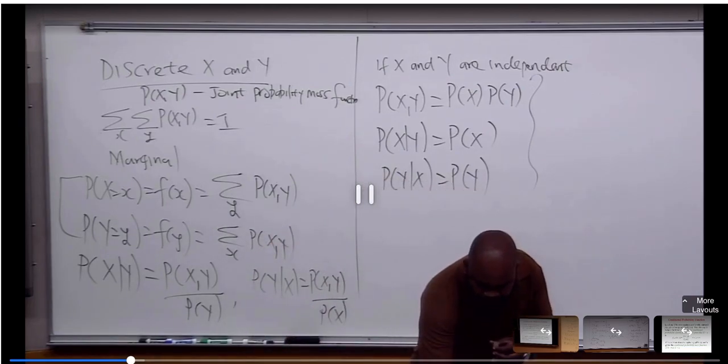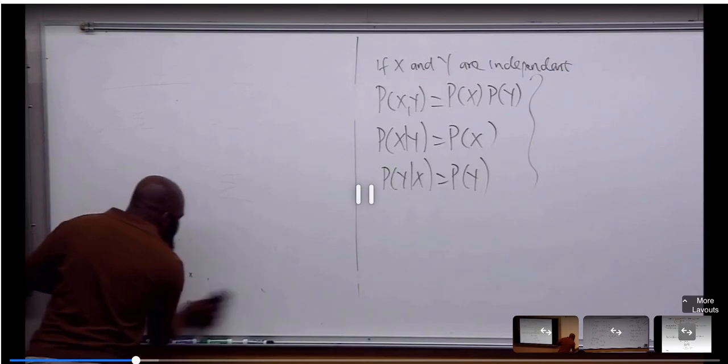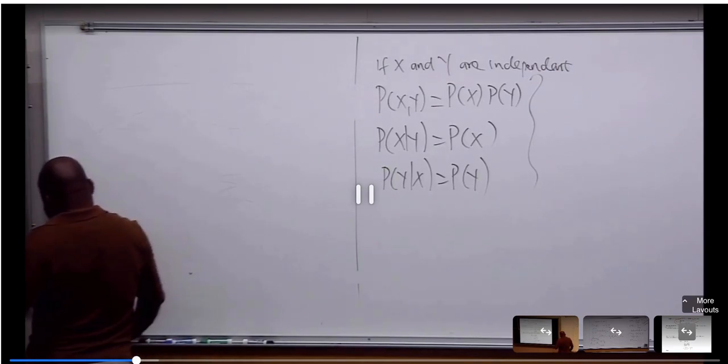Now, if you come to this example, where they gave you f of x y equal to this.